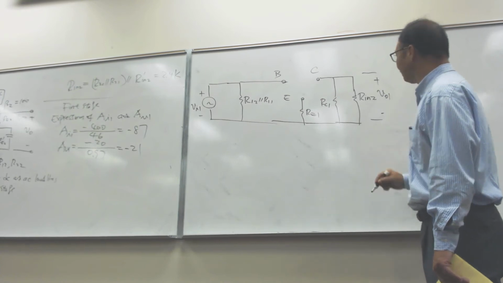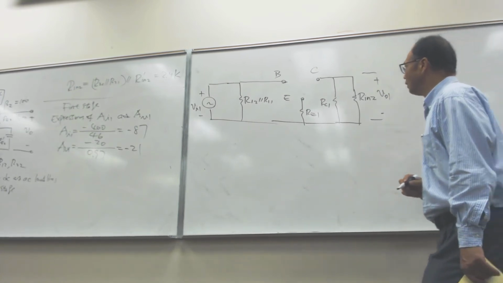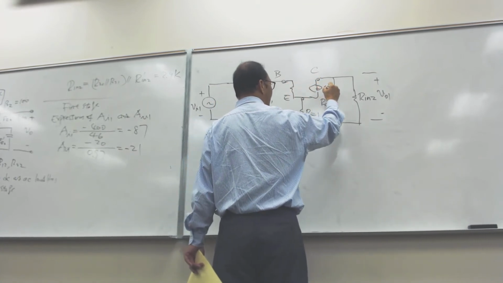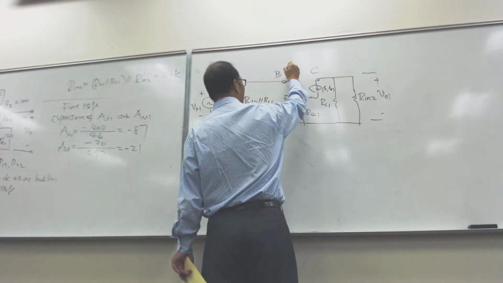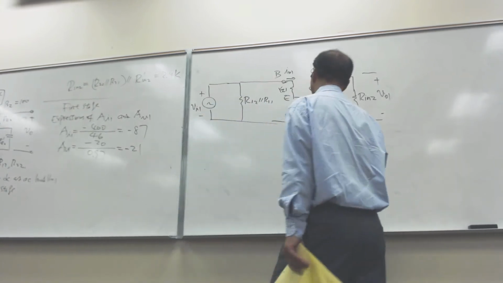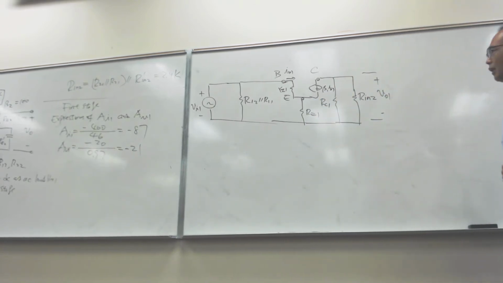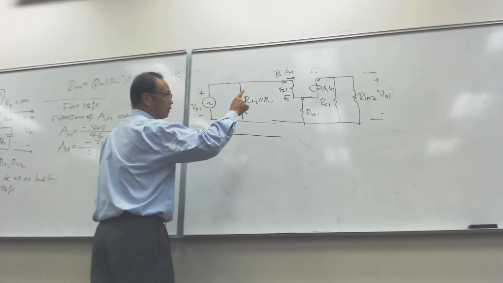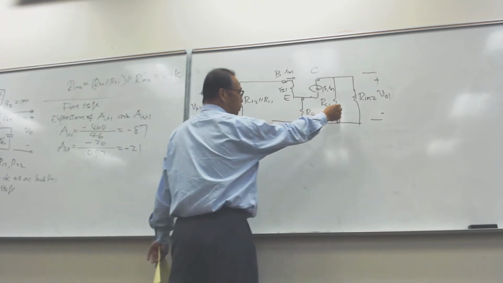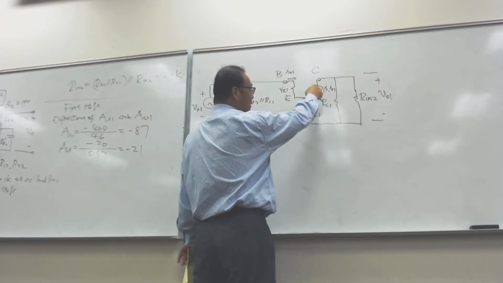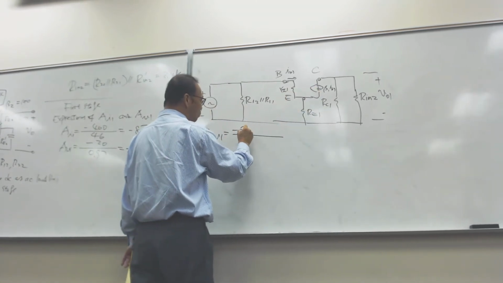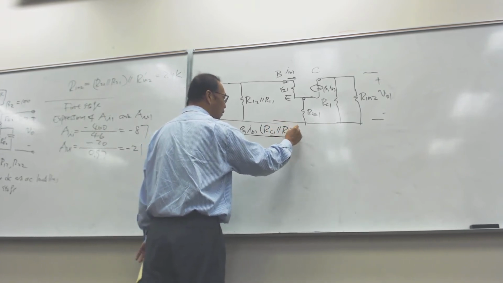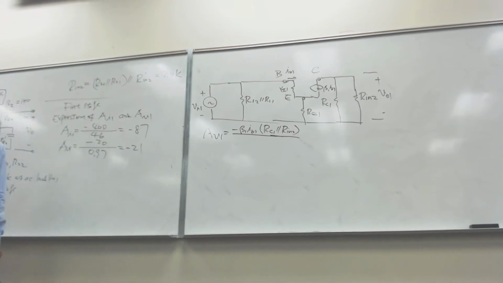So this is VO1. And here's the model of the BJT. Beta 1 IB1, IB1, R pi 1. So what is AV1? I'm going to do this more quickly. You should know that these two are in parallel, correct? So then multiply by the current, so it's minus beta 1 IB1 times the parallel of RC1 and RIN2.